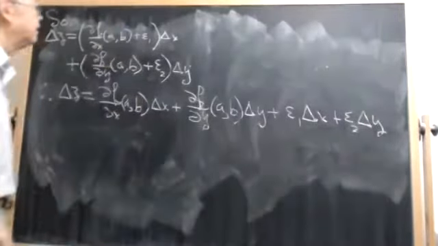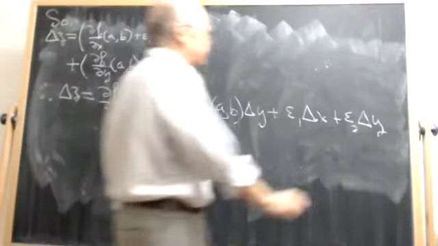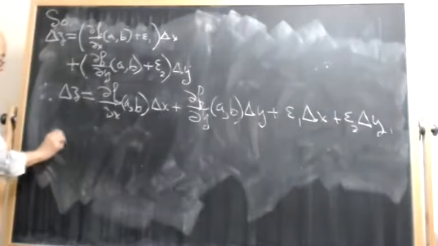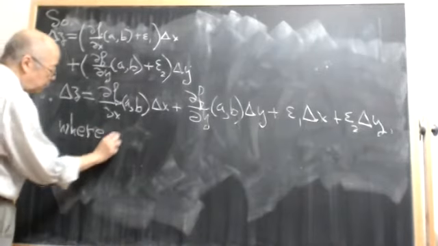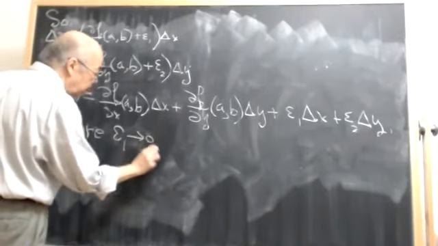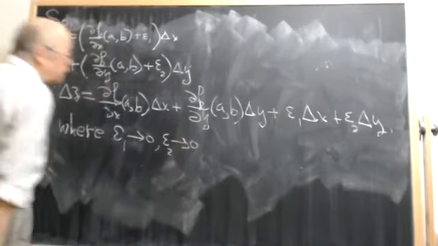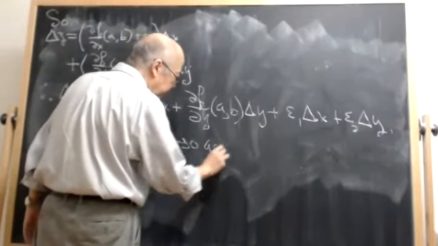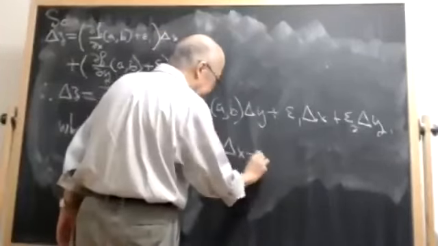So it's similar to n equal 1. And epsilon 1, epsilon 2 go to 0 as delta x and delta y go to 0.